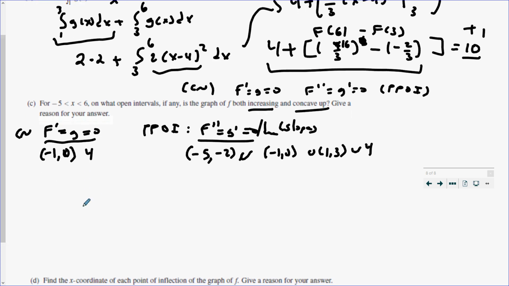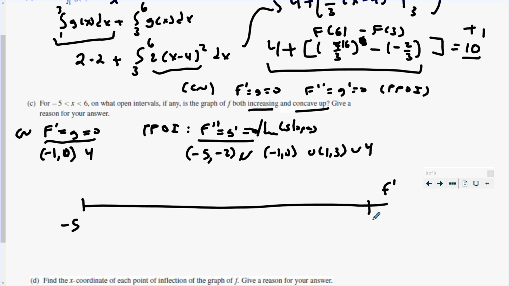There we go. On top, we're going to deal with f prime, which we now remember our domain from negative 5 to 6, which we said from, what's that, negative 1 to 0. The slope is 0.